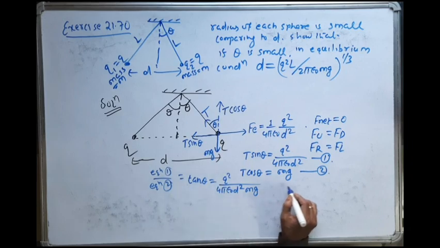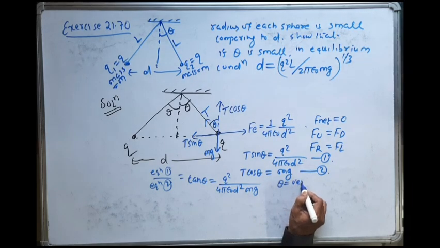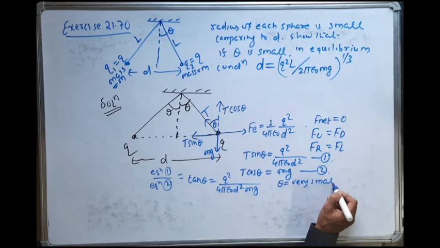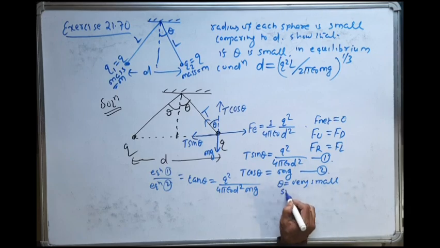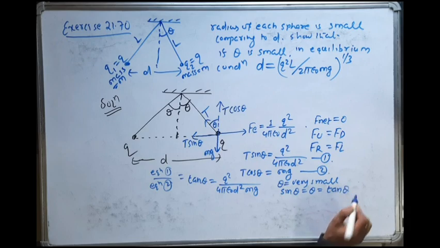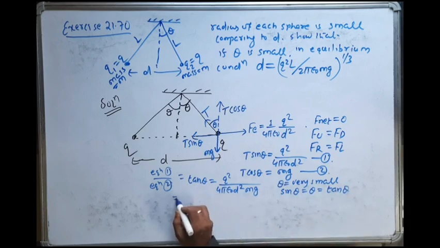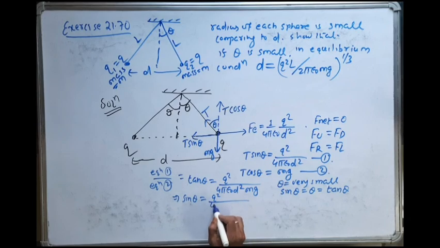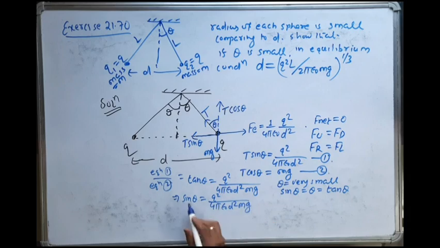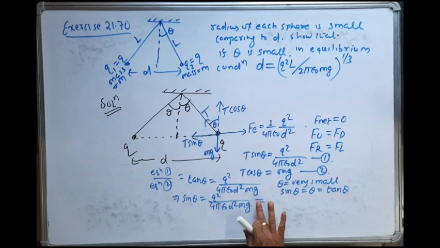But it is given that theta is very small. We know from mathematics that if theta is very small, sin theta is equal to theta, which is also equal to tan theta. So in place of tan theta, I will write sin theta. So sin theta is equal to q square by 4 pi epsilon naught d square mg. What is the value of sin theta?